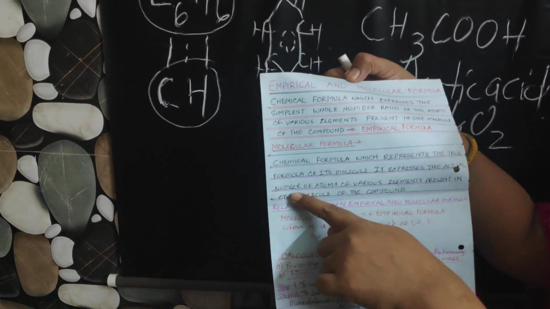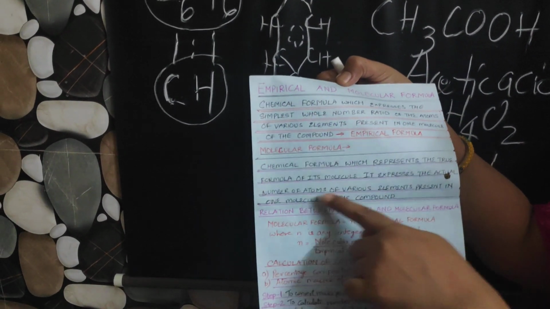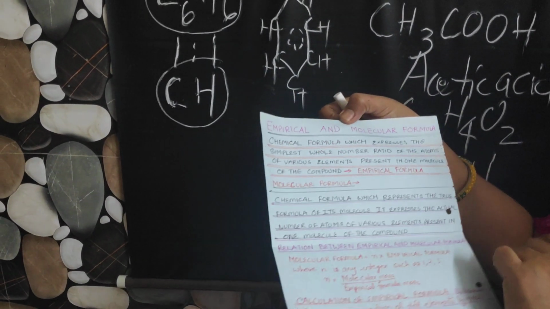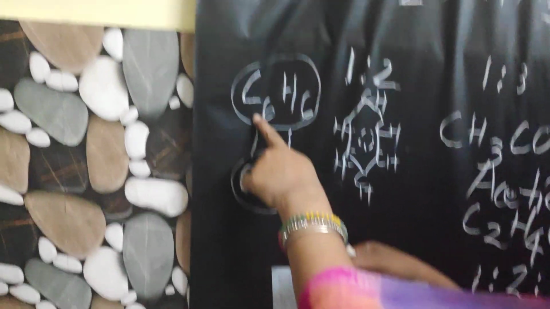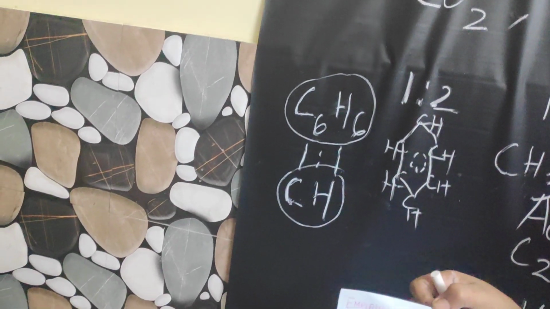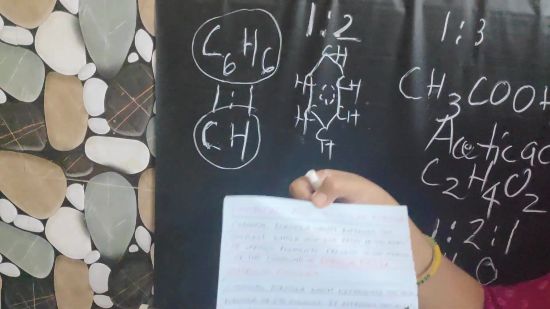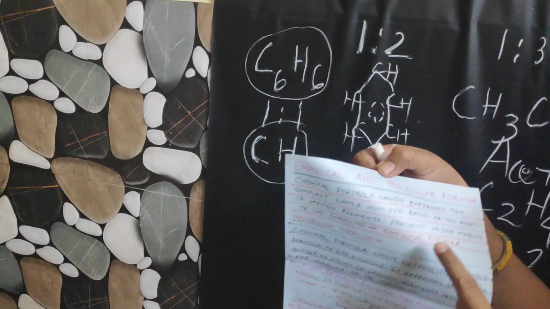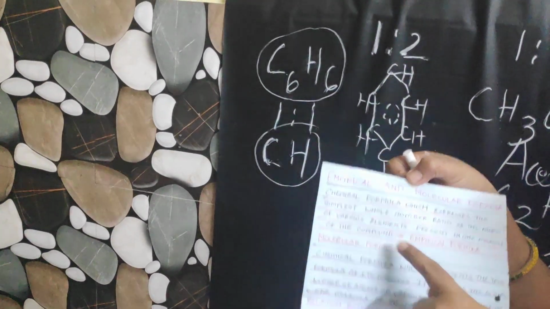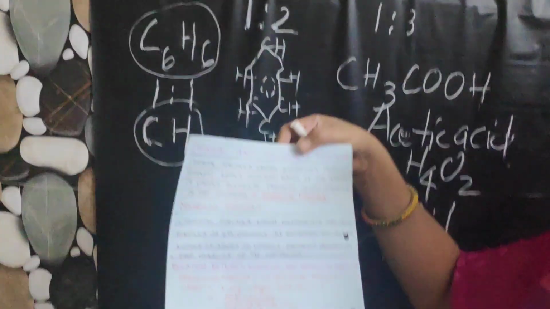It expresses the actual number of atoms of the various elements present in one molecule of the compound. So it will tell you that there are 6 atoms of carbon and 6 atoms of hydrogen present in one molecule of benzene. The molecular formula will be this, but the empirical formula tells you the simplest whole number ratio of the various atoms present in that compound.